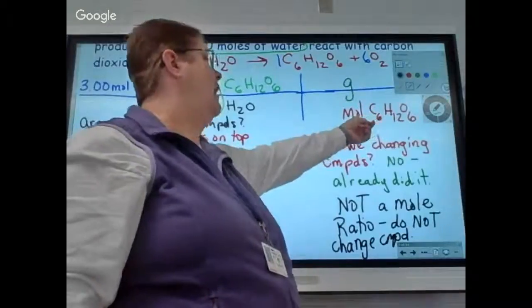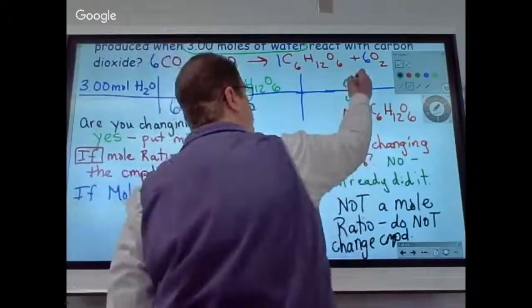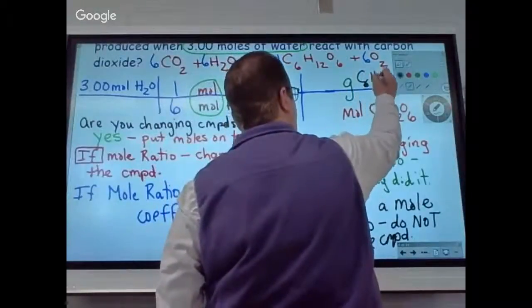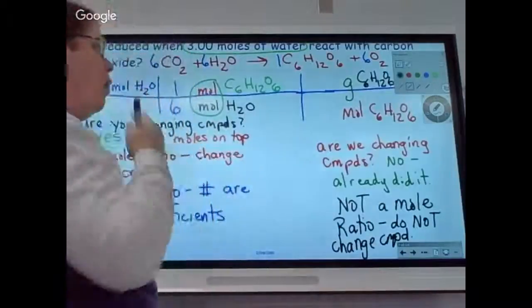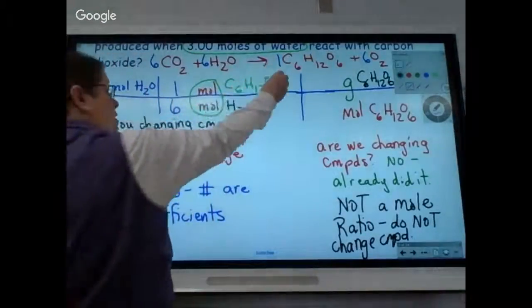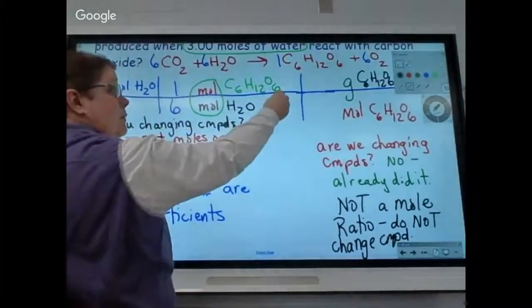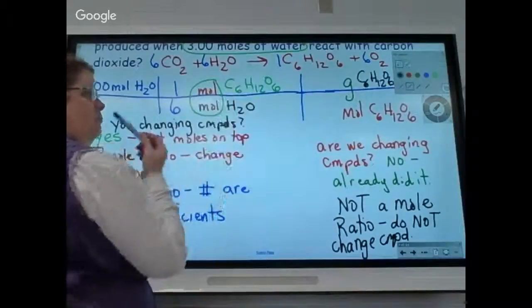Glucose. If I can't change the compound, what do I put right back on that top line? Glucose. So the only place that my compound can change from the top to the bottom is in a what?